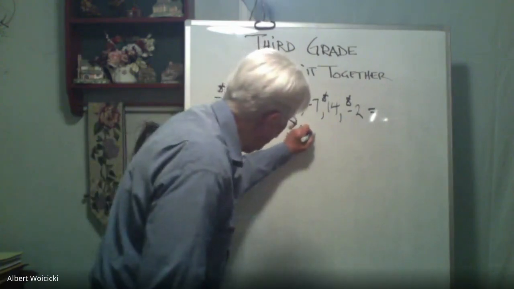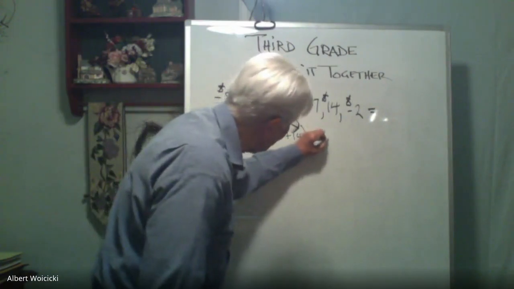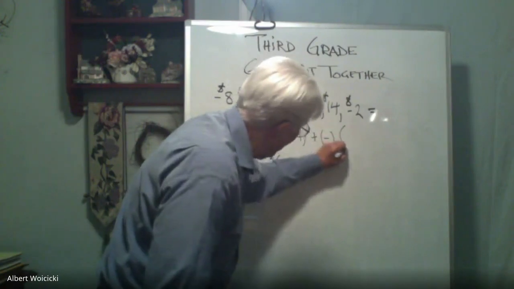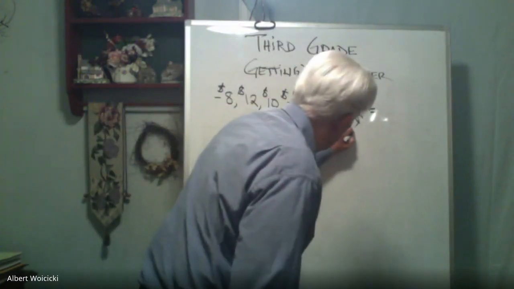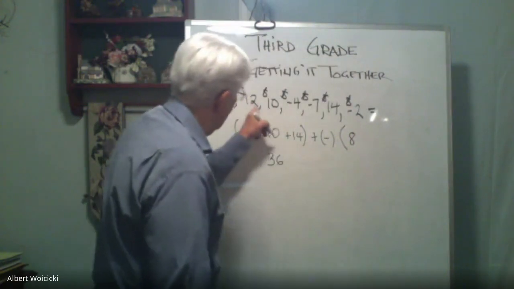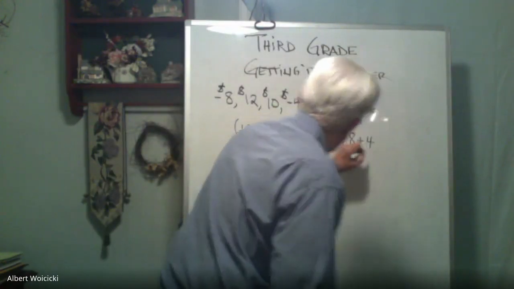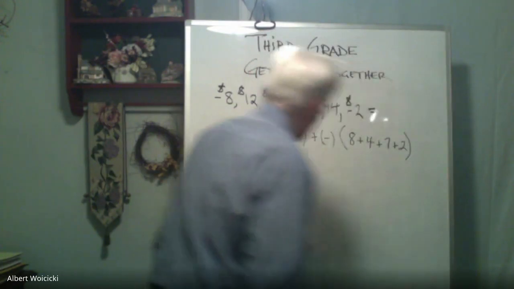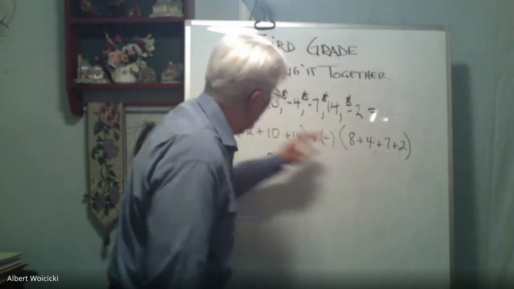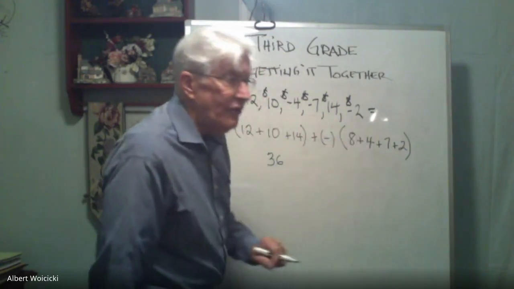And then I know that I have some of those that are negative. So what do I have? I have 8, 4, 7, and 2. So I have all of these that are going in the other direction.